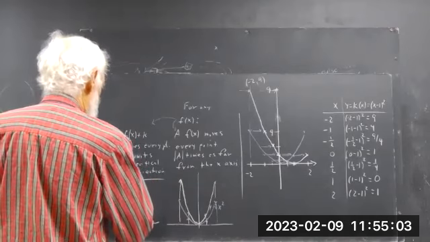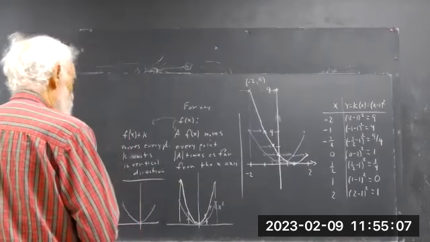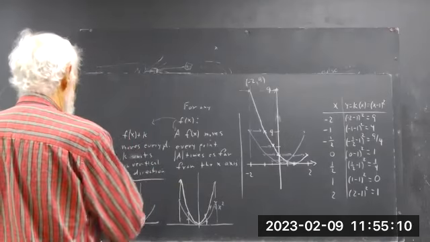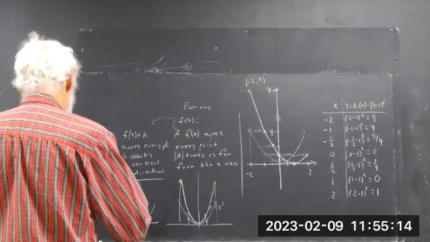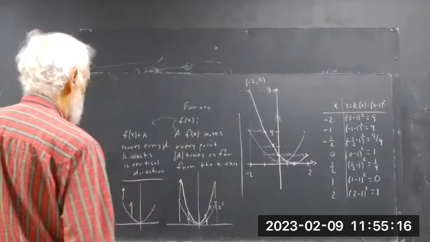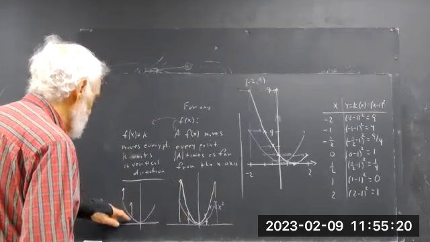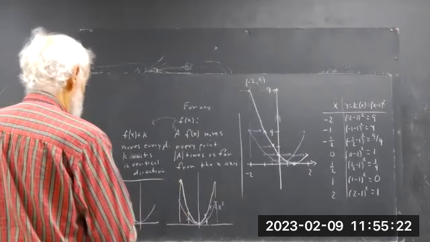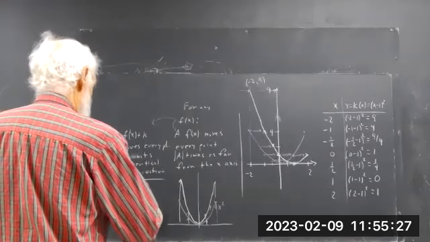So if we have again our graph of x squared, every point moves the same distance. So whereas before, this point didn't move as far as this point will move as far as this point. Maybe we need to make that arrow just a little longer.